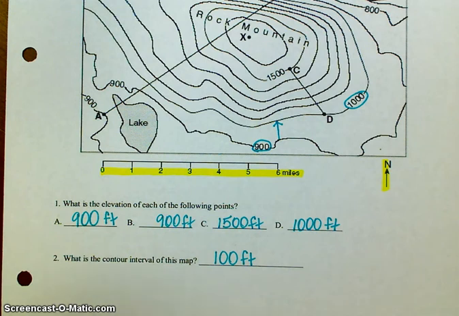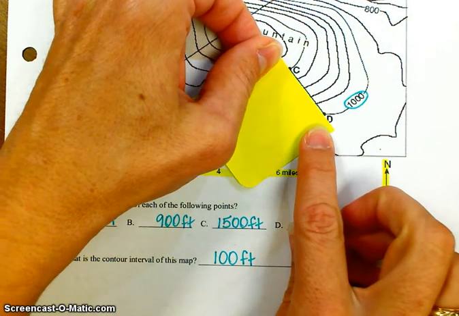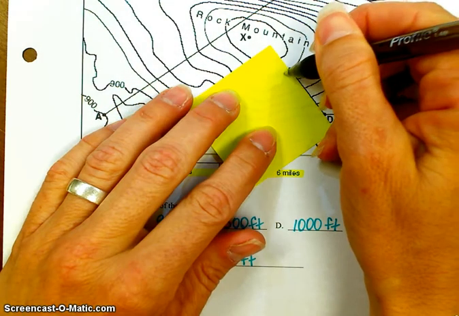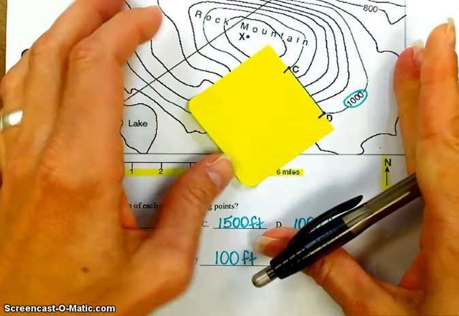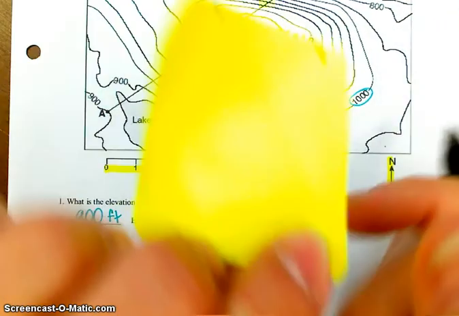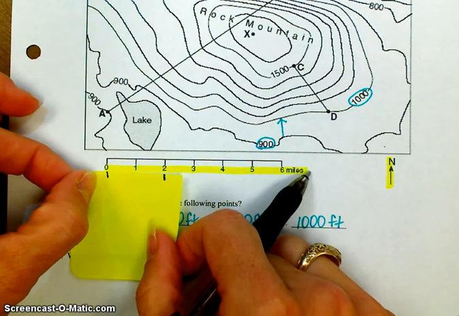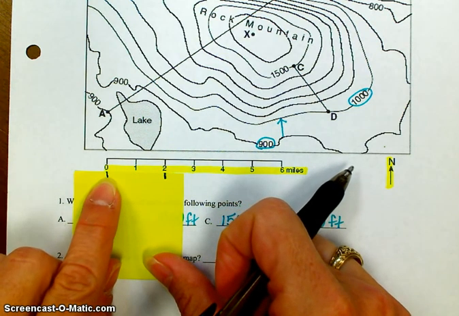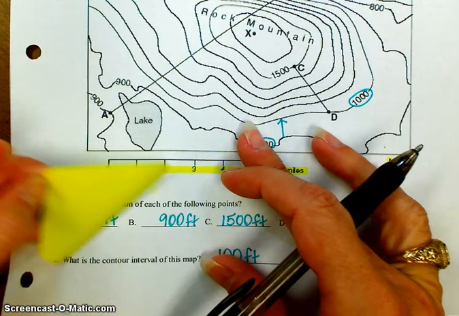To find it, I am going to place a little sticky note right there, and I'm going to mark, there's C, and there's D. Then I'm going to peel up my sticky note and put it down on my horizontal distance scale, and I can see that from C to D is a horizontal distance of 2 miles.